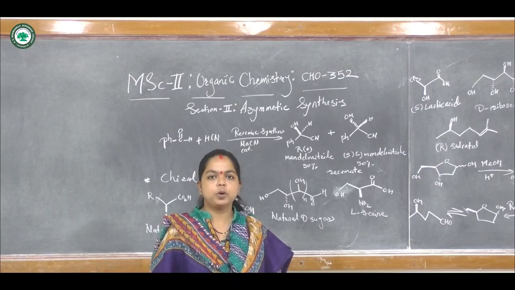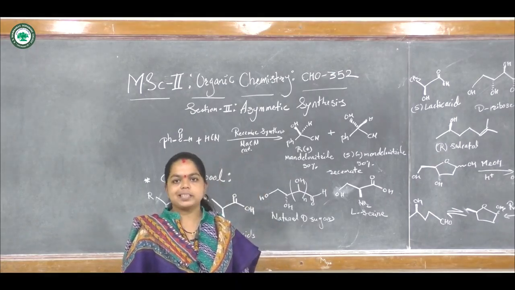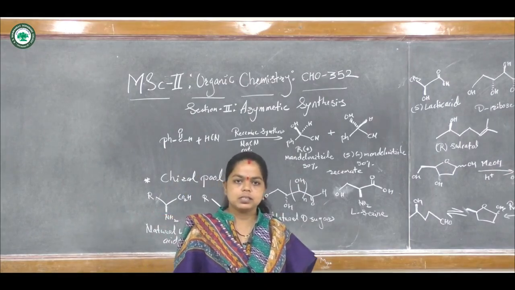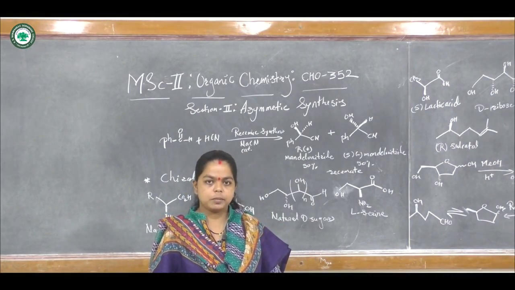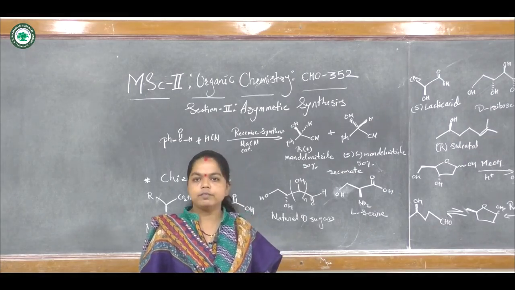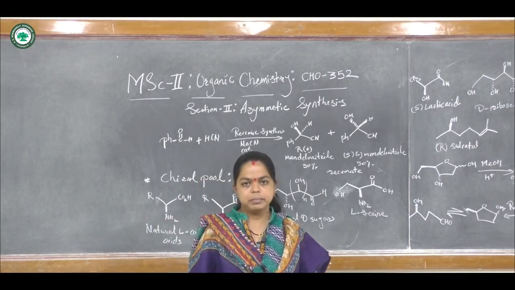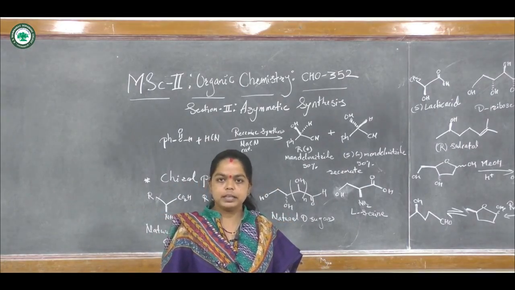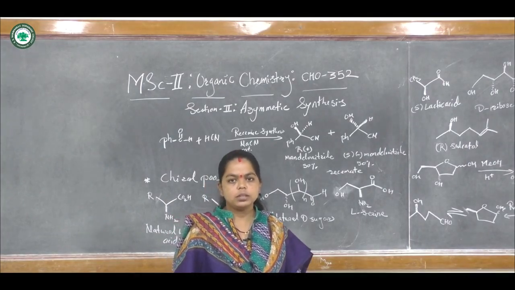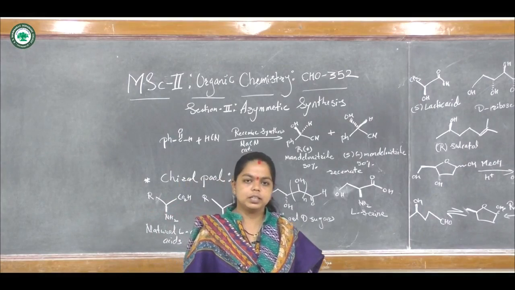So it is important to replace this resolution method. By adopting asymmetric synthesis, the synthesis of a single enantiomer can be designed so that we can avoid the traditional method of resolution of the racemate, because one of the enantiomers will get wasted. So it is not a very useful method.